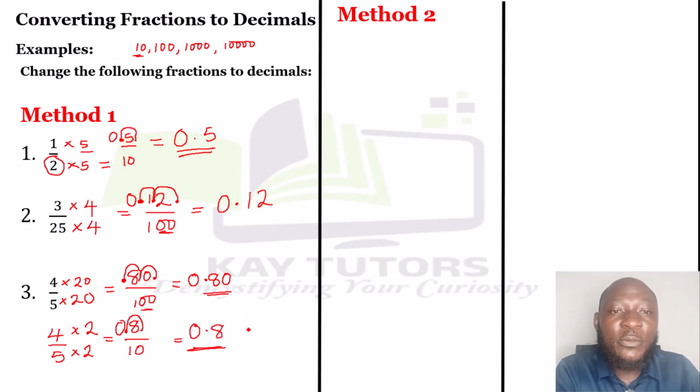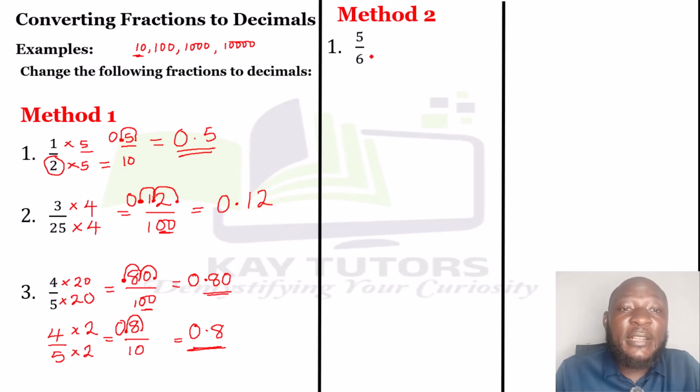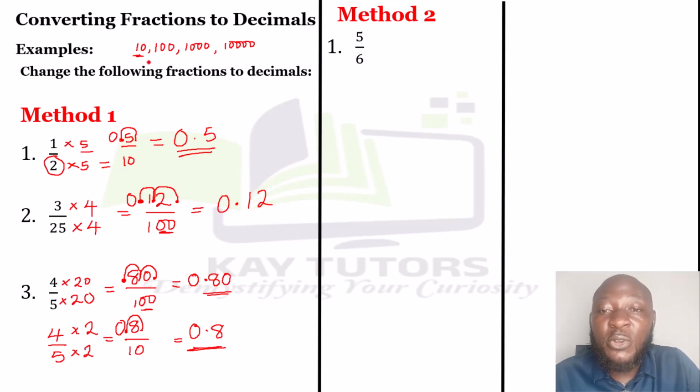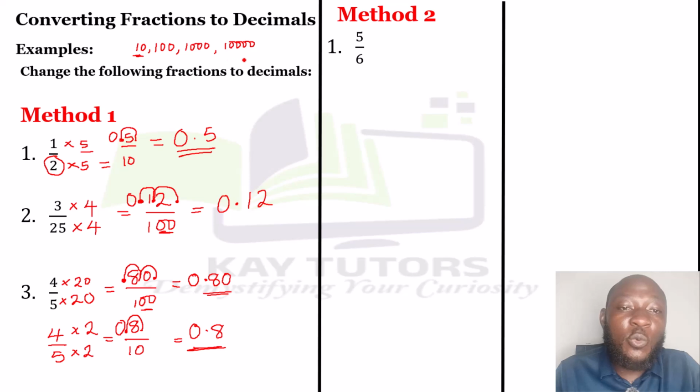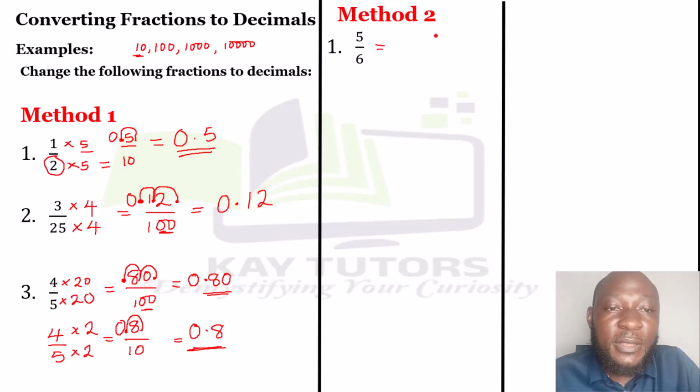Okay, so let us solve method 2. Here, it is not possible to get a whole number to multiply 6 by to give you any of this multiple of 10. So what you will do is to use the long division method. And how can I use the long division method?